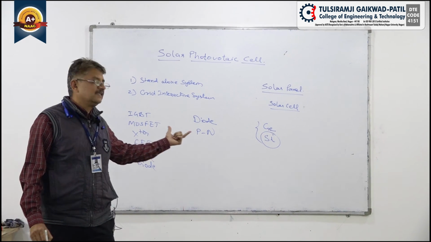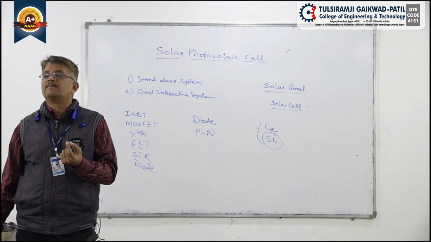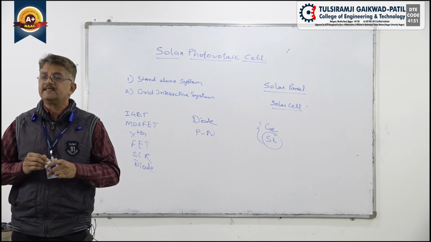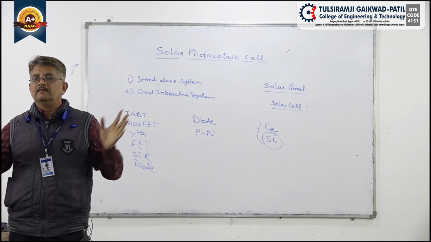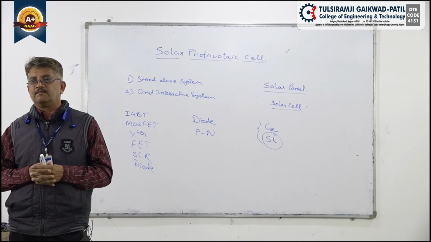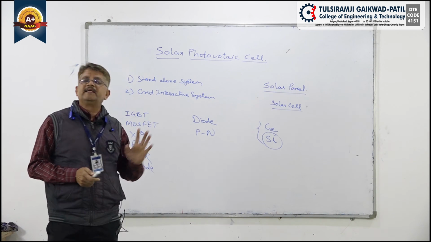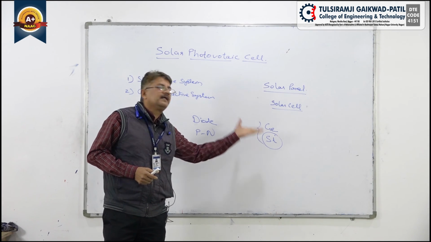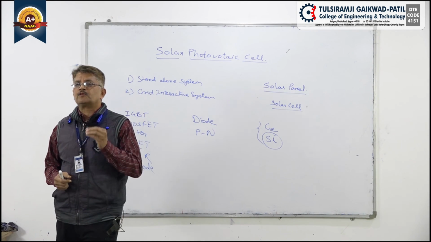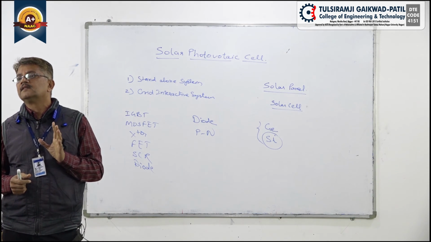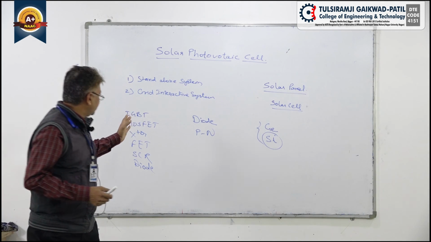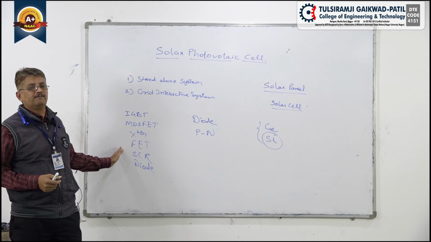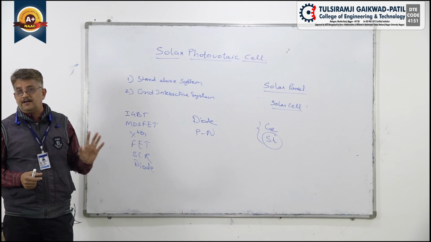This silicon is extracted from sand, and we have a lot of sand reservoirs, so from that we can easily extract silicon. That's why this material, silicon, is most commonly used for manufacturing components such as IGBTs, MOSFET, transistor, FET, SCR and diode.